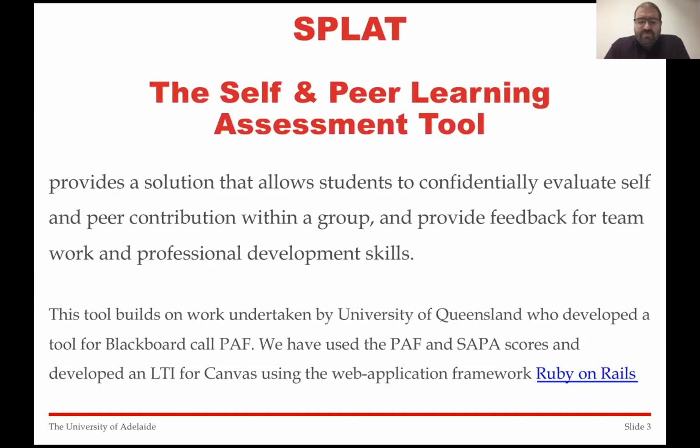They have used some work from the UK, which off the top of my head I can't remember what university it came from, and that work was around this PAF and SAPA scores, a peer assessment factor and a self-assessment peer assessment score, which I'll explain a little bit. We've developed it as an LTI for Canvas, and we've used Ruby on Rails to do the development.